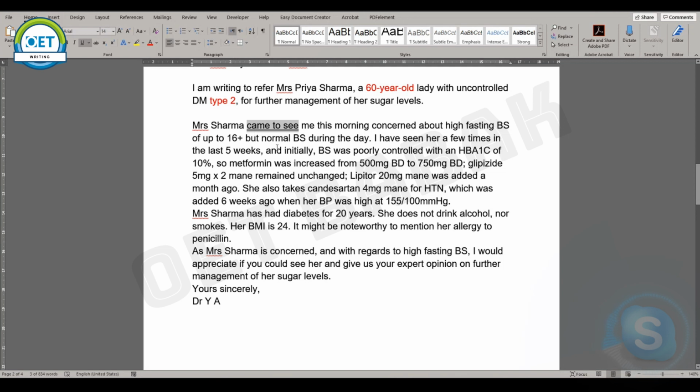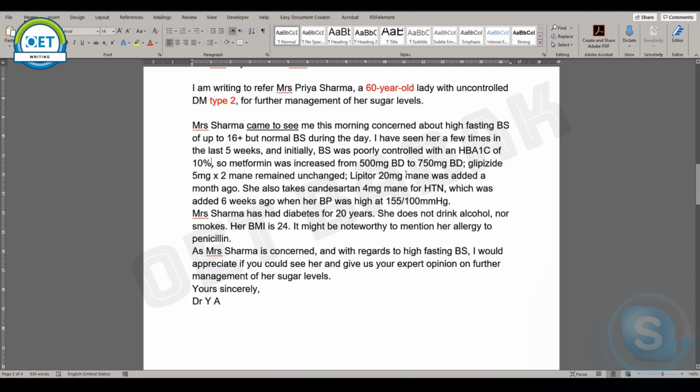"She presented or has presented this morning concerned about high fasting blood sugar of up to 16 plus, but normal BS during the day. I have seen her a few times in the last 5 weeks, and initially BS was poorly controlled with an HbA1c of 10%." Well, it's mixed up everything.